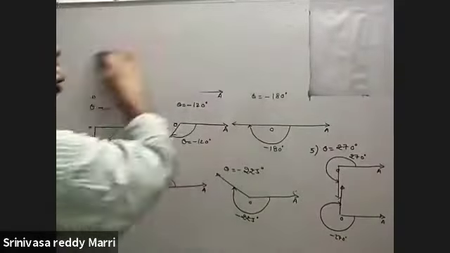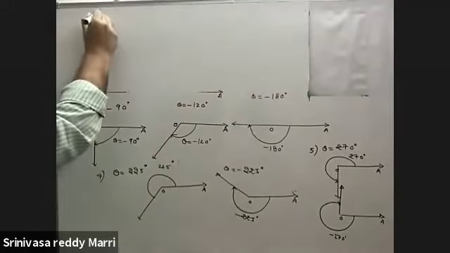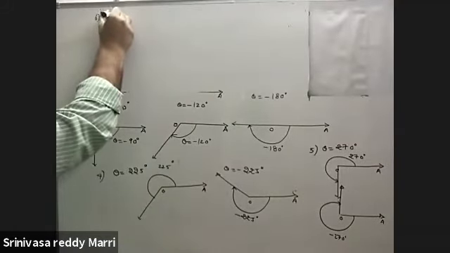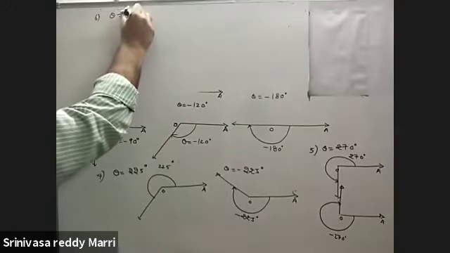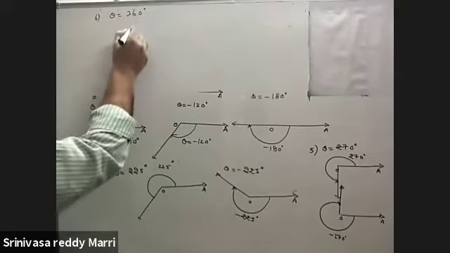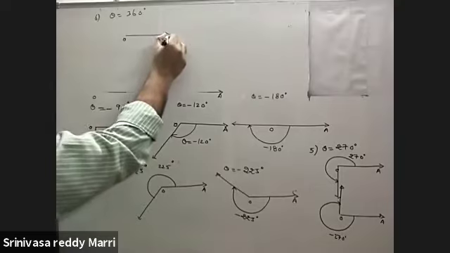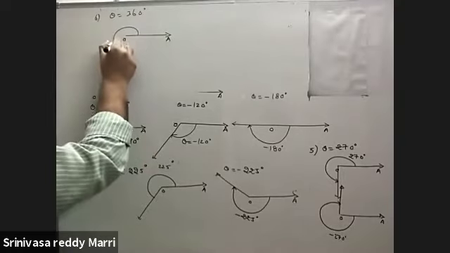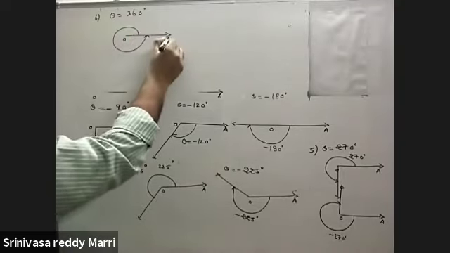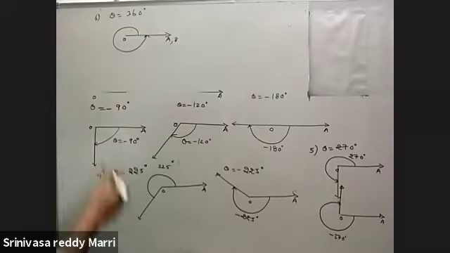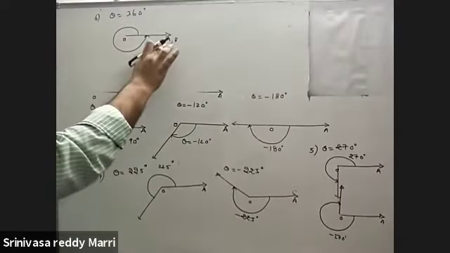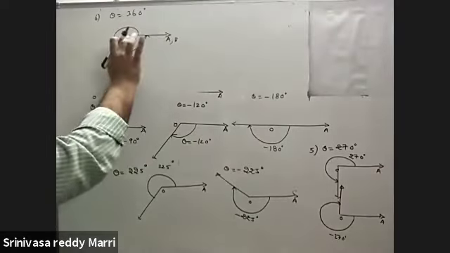How to indicate the angles. Suppose theta equals 360 degree. I already told, 360 degree is one complete rotation. So OA and OB will coincide.